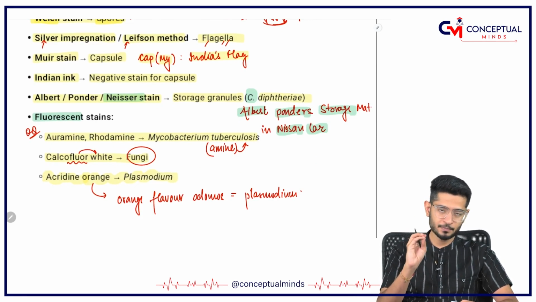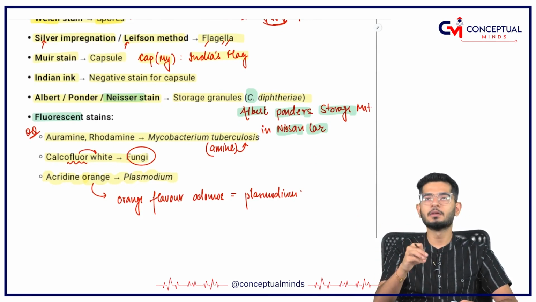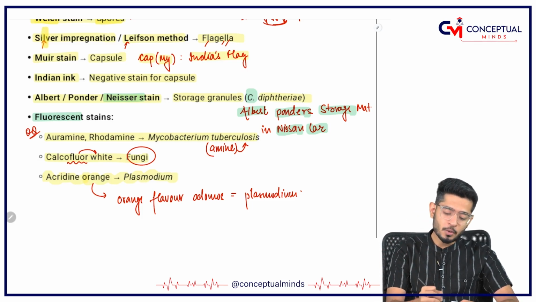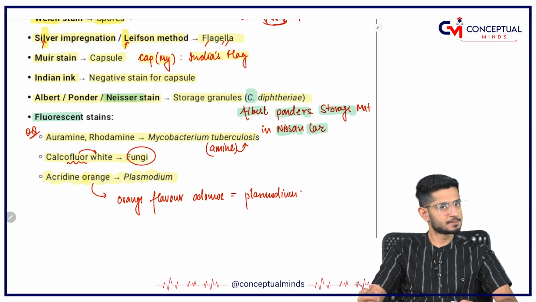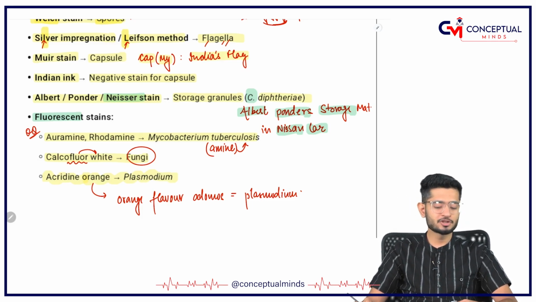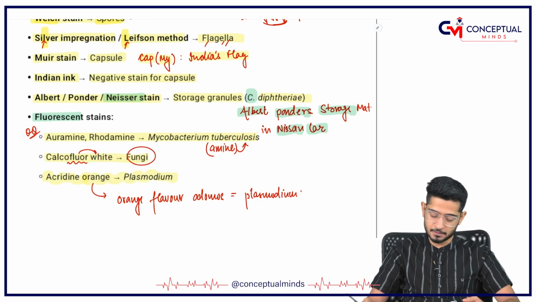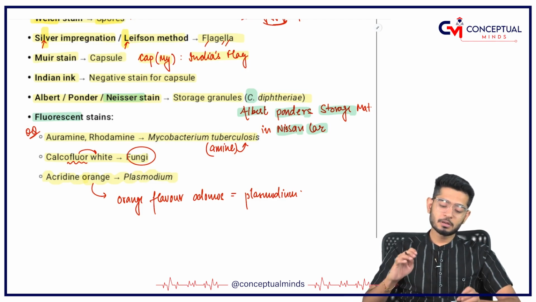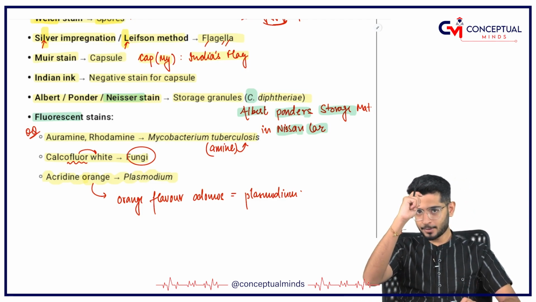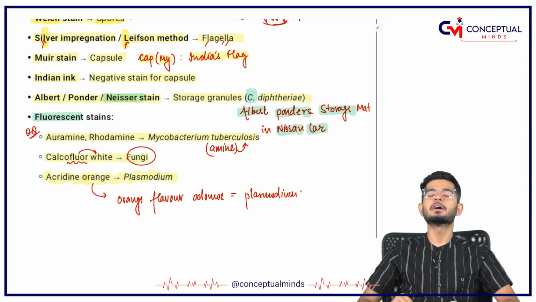Silver and Leifson's. So remember flagella has a lot of L's, F, L, A, G, E, double L, A. So L, L, L. So silver impregnation and Leifson's, both of them have got L. So flagella is by the silver impregnation and Leifson's method. Then you have got Muir stain. Now what is Muir stain? Remember like this, I have a cap and my cap has a symbol of Indian flag.